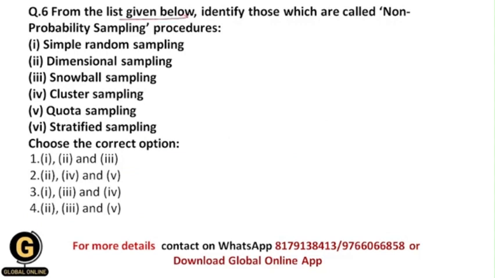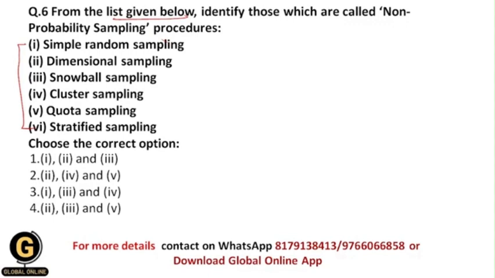From the list given below, identify those which are called non-probability sampling procedures. Okay, so here we have been given different sampling procedures, and we need to identify which are the non-probability sampling procedures among these. So basically there are two types of sampling procedures, probability and non-probability sampling procedures. Probability sampling procedures means we randomly select the participants.